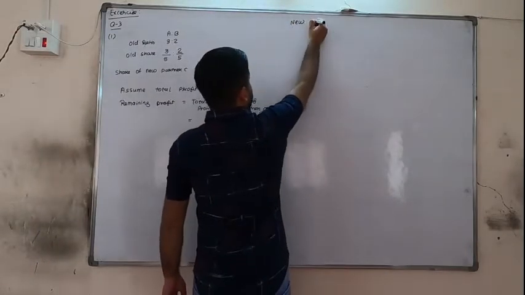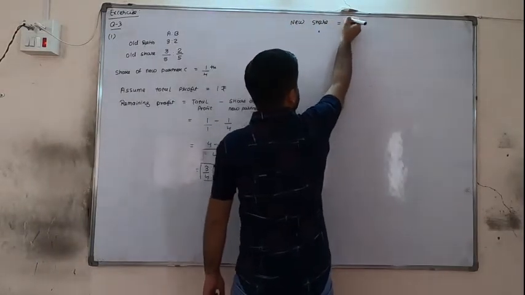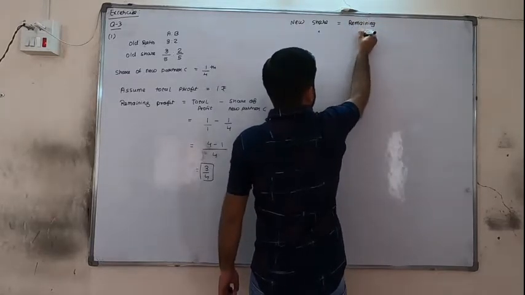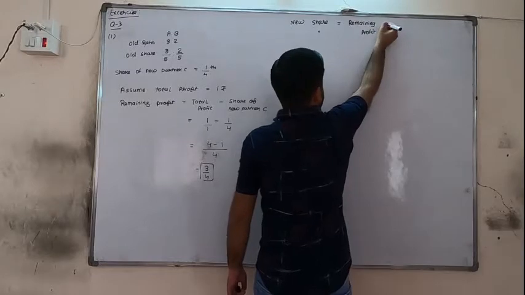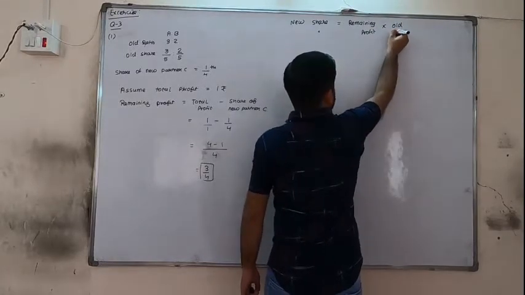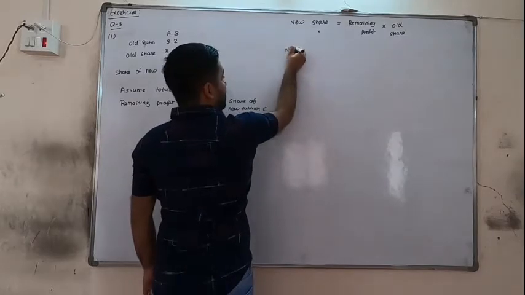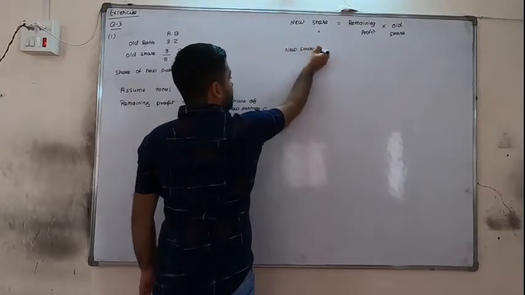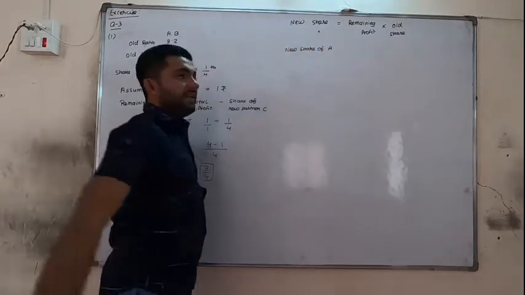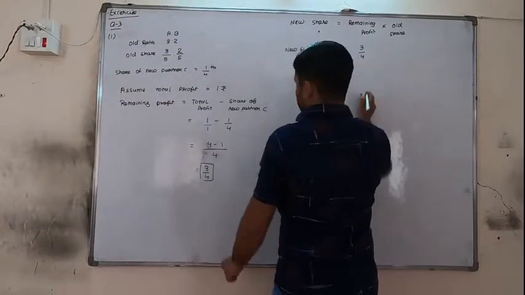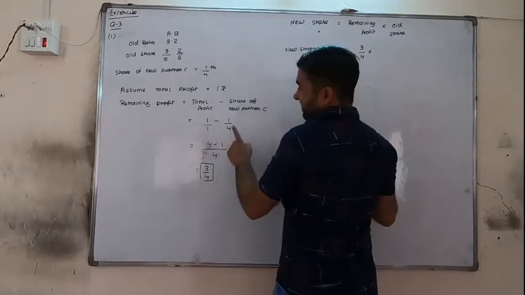Remaining profit is 3/4. Now what was the next step I have given? New share. The formula for new share is new share equals remaining profit multiplied by old share. So which is the first partner? A. So we will write new share of A. What is the remaining profit? We found just now 3/4. Now we have to multiply.